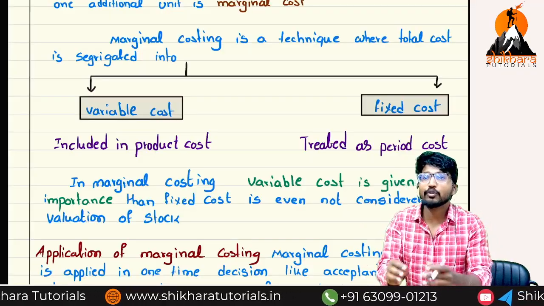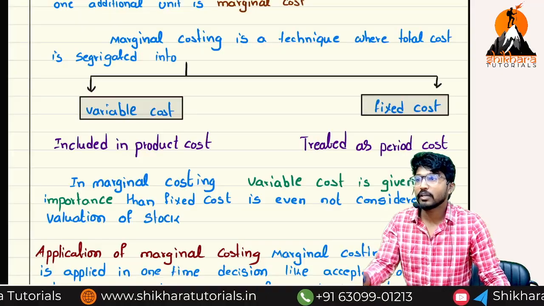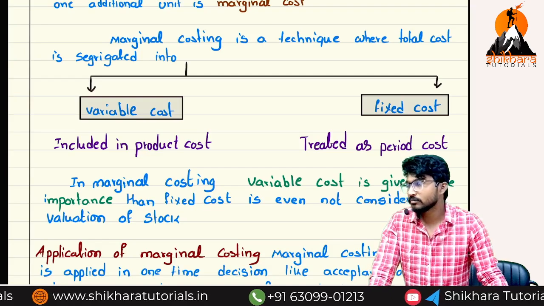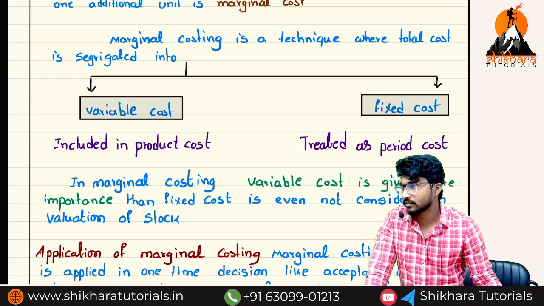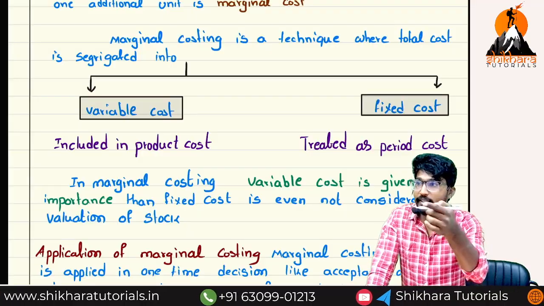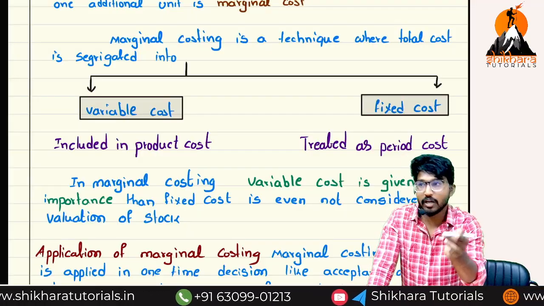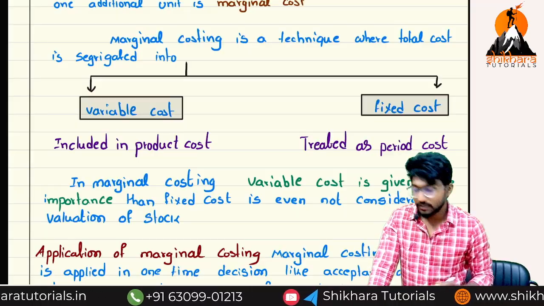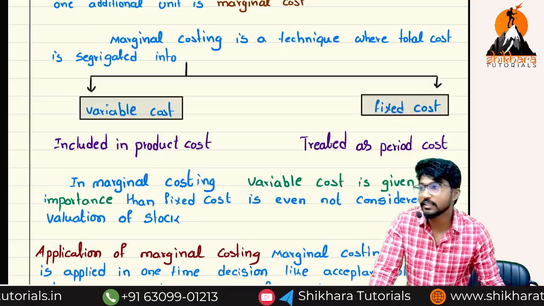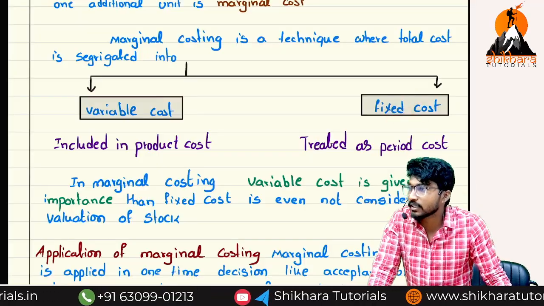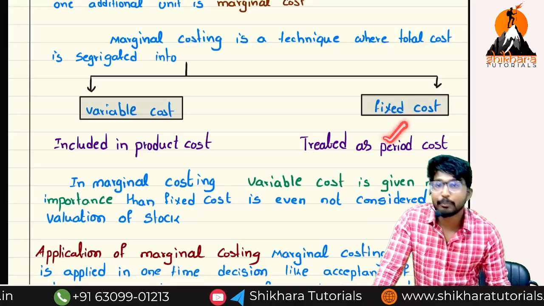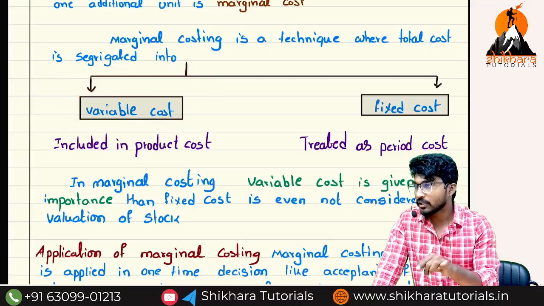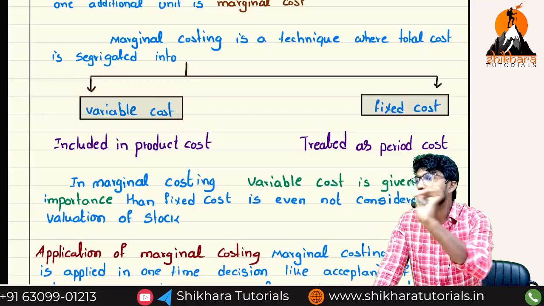Now I am not producing any goods due to raw material unavailability, a labor strike, or personal reasons. Now I still need to pay rent. Even if I am not producing any product, I have to pay the rent. That's why this fixed cost is not treated as a product cost. It is treated as a period cost, and variable cost is treated as a product cost only.